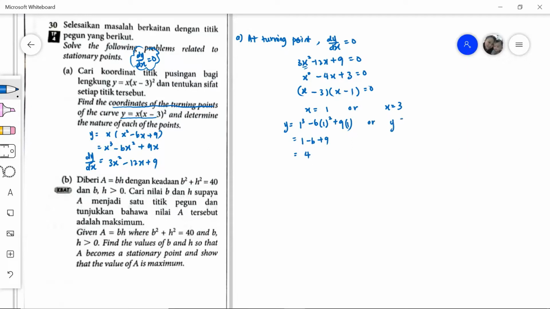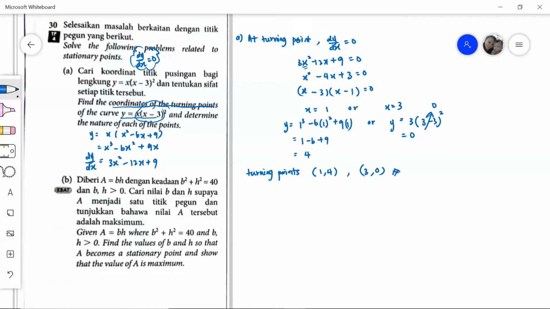On the other hand, for x equals 3, I will use the factorized form so that it looks much easier. We have 3 times (3 minus 3) squared. This is 0, so 0 times 3 is 0. So our turning points are (1, 4) and (3, 0). Okay, so we got the turning points.